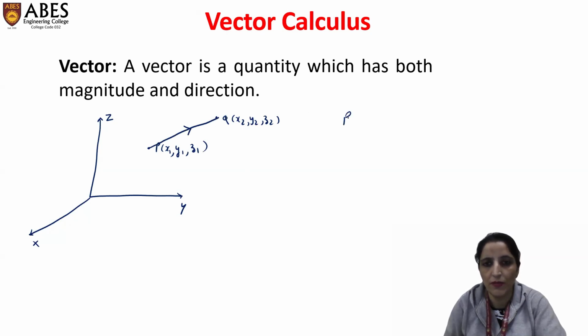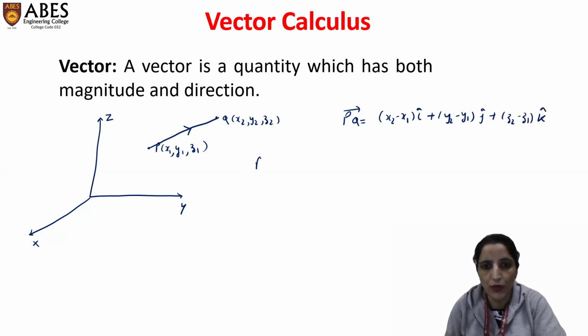We can say PQ vector, and its value is (x2 minus x1) i cap, (y2 minus y1) j cap plus (z2 minus z1) k cap. The point P is called the initial point and point Q is called the terminal point.